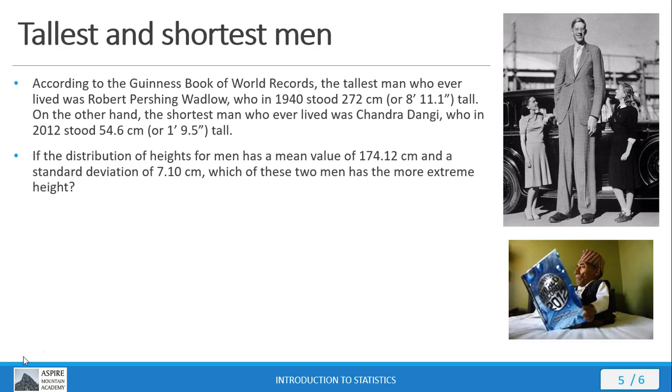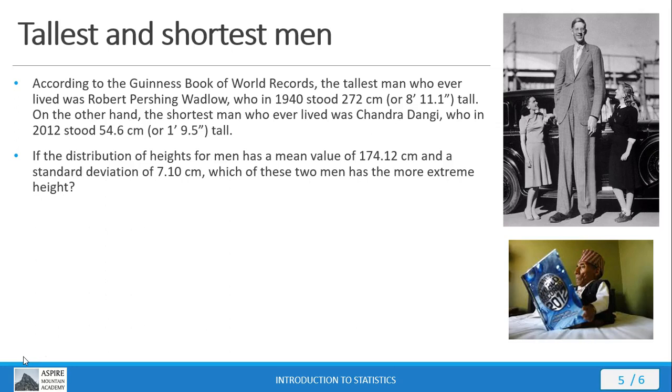I'm not sure if that was the right way to pronounce his name, but I am sure he's from Nepal, and in 2012 stood not even 2 feet tall. So if the distribution for men has a mean value of 174.12 centimeters and a standard deviation of 7.1 centimeters, which of these two men has the more extreme height?